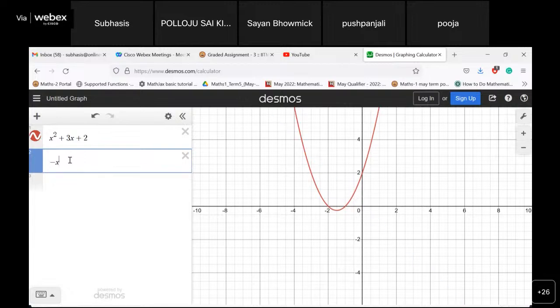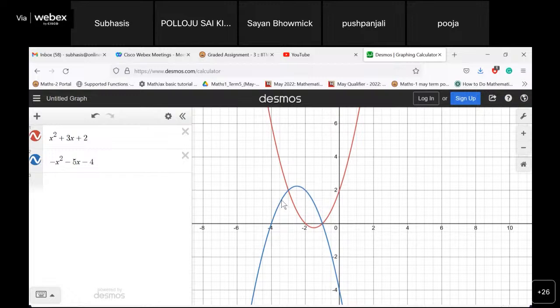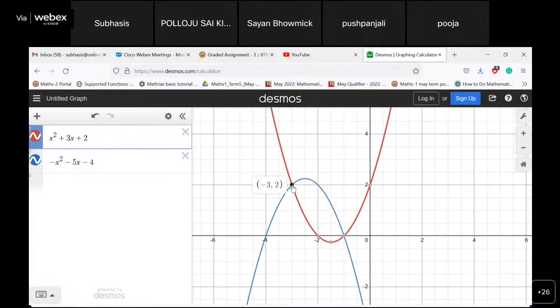Minus x square minus 5x minus 4. Okay, now I can see where I made the mistake. The way I had drawn that graph was confusing me. Yeah, certainly these two graphs can have an intersection like this. Okay, so now we are fine.